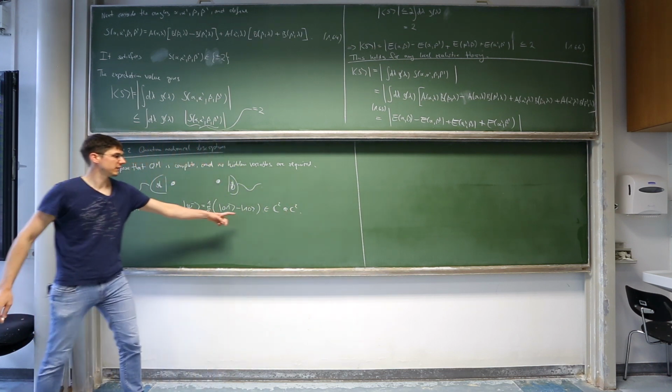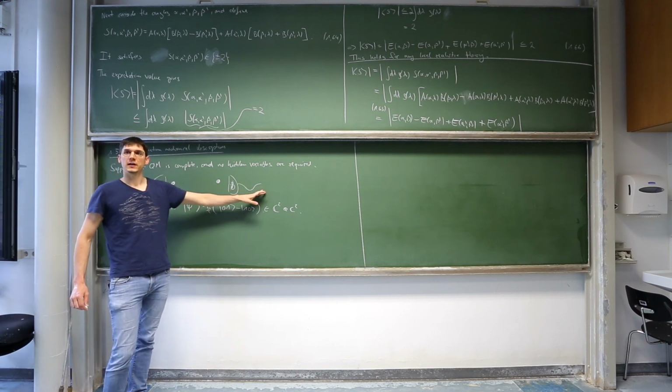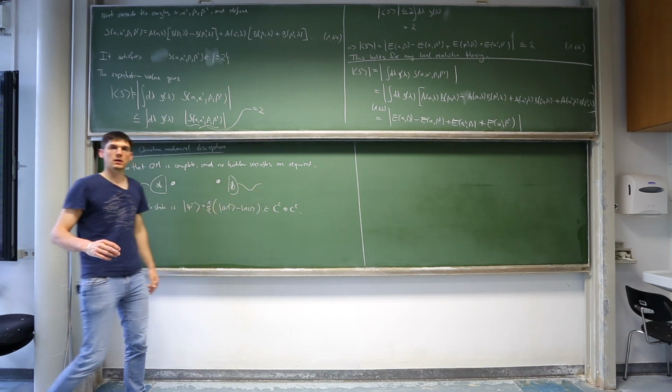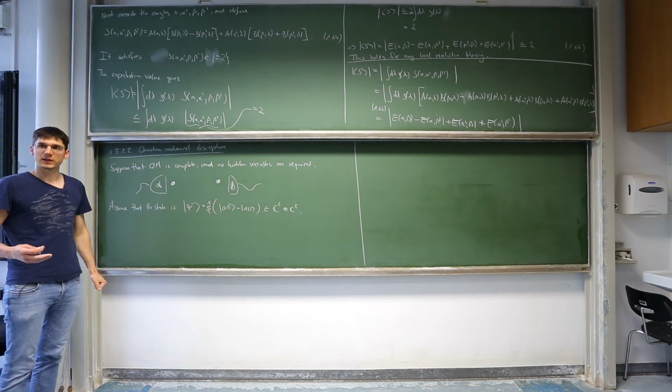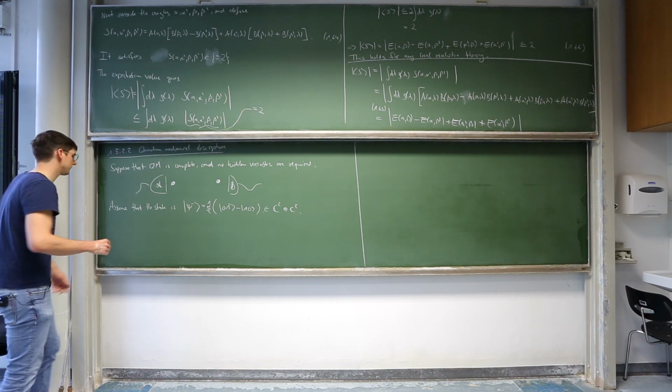In this case, we are in the setting that we considered before, namely that we can perform measurements which give either outcome plus or minus 1. To describe this measurement, we now need the corresponding observable.